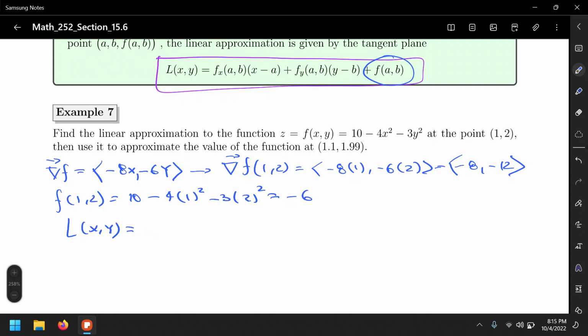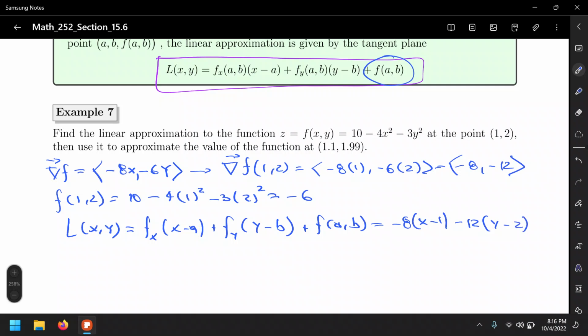Well, let me actually write the formulas just so we can relate it. f_x times (x minus a) plus f_y times (y minus b), plus f(a, b), which in this case is negative 8 times (x minus a, which is 1), and minus 12 times (y minus b, which is 2), and plus the value of z in this case, which is negative 6. That's the equation of the plane that we will use to approximate some values.